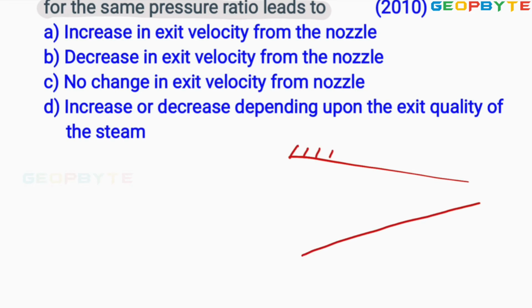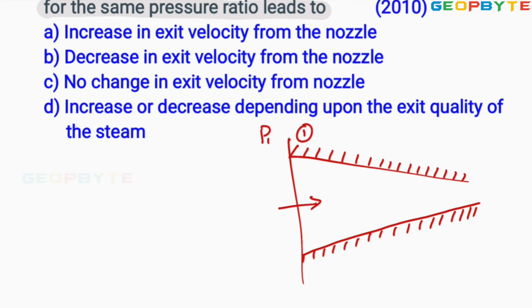So theoretical flow of the steam in the steam nozzle is satisfying the reversible adiabatic condition or isentropic condition. Now for this case, the steam is entering with a pressure P1, leaving with a pressure P2. This P2 is less than P1 because we are calling this the nozzle.